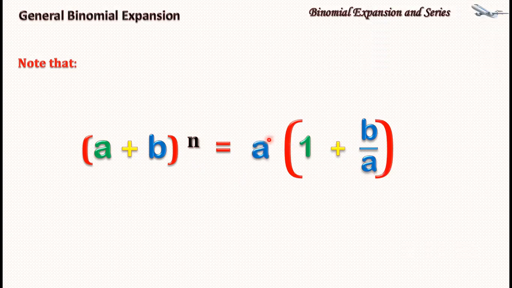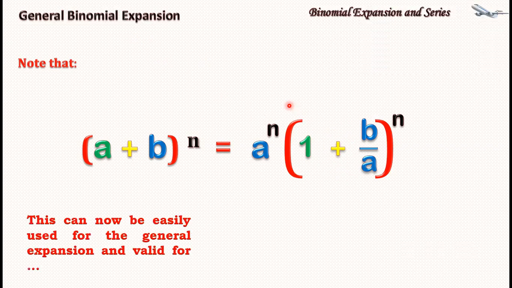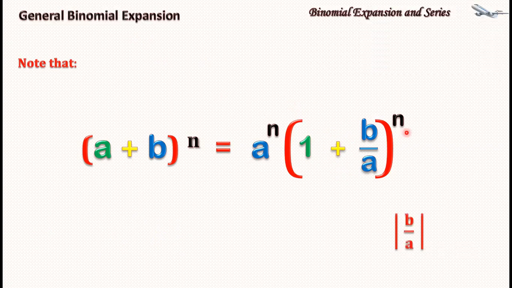If I raise everything to the power n, this will give me a to the power n. So I'll now have the term in this form. This is the general binomial expansion which we see. Whenever we have complex operations to simplify, we convert to this general form and do the simplification. Take note of this. This can now be easily used for the general expansion and is valid for the absolute value of b over a less than 1. This is the validity statement for this.